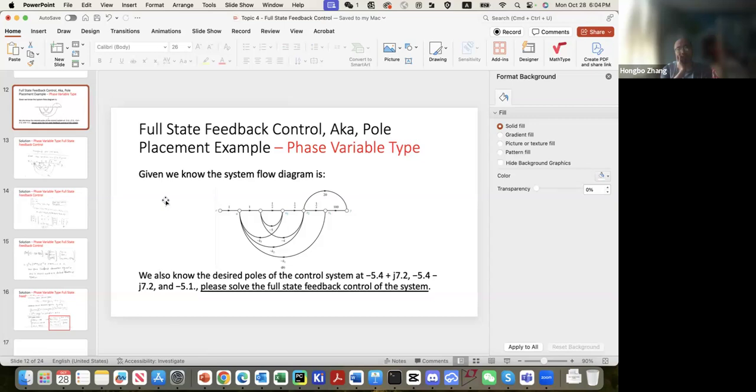This is one of the simplest examples I can think of. You give 3 poles, you can calculate the desired characteristic equation based on those 3 poles. You easily can calculate based on their multiplication: multiply s minus p1, s minus p2, s minus p3. Once you get that, you can easily continue, right?